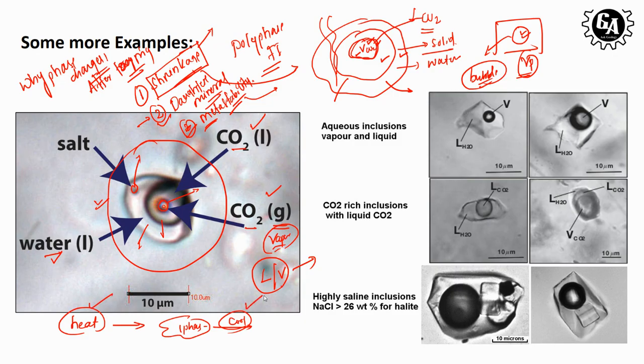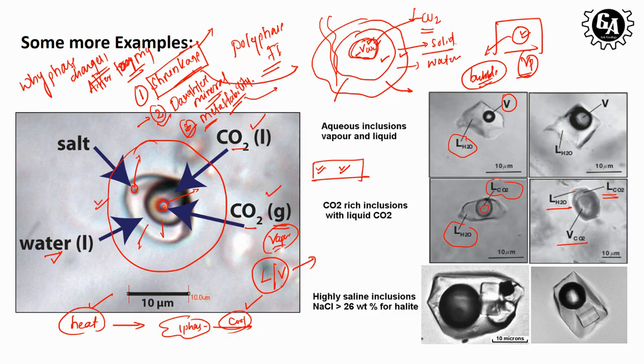That is why in fluid inclusion analysis we have a heating and freezing stage, not a thermo microscope. And you can see this is vapor, this is liquid water, liquid carbon dioxide, and if some liquid and vapor carbon dioxide is present, it will be present inside. In this case you can see liquid water, vapor carbon dioxide, and liquid carbon dioxide.